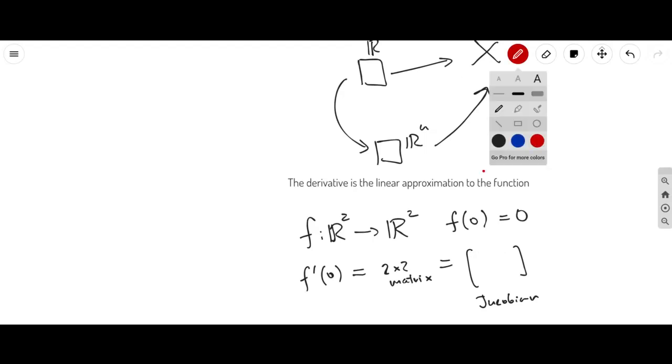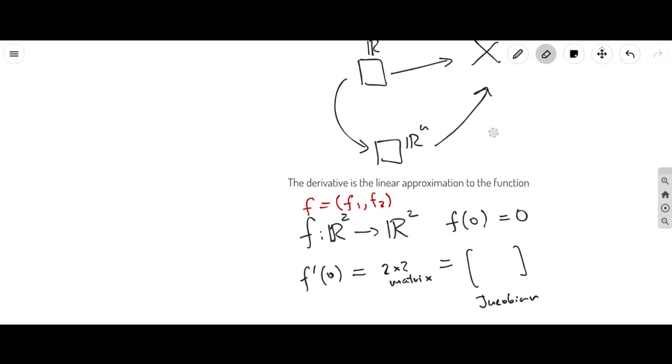Your function f has two components, f1 and f2, because it's mapping into R2. You take the first component and differentiate it with respect to the first variable, then with respect to the second variable, and then you do the same for the second component. That's called the Jacobian, and of course it gets evaluated at the origin, and that will give you a matrix.